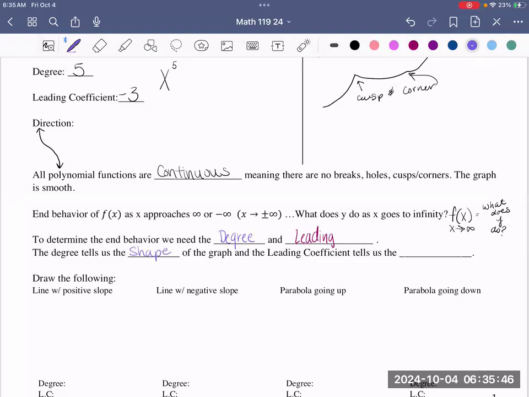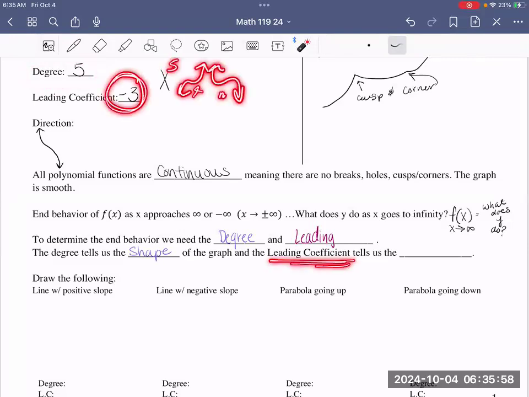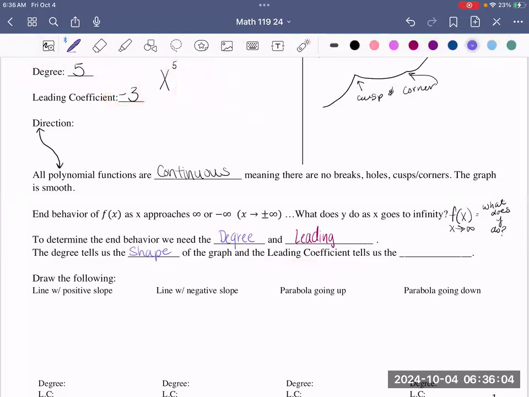So that's why from your above exercise, we were talking about your degree here. We said a degree of 5 is this S-shaped curve, going up or down. And then the leading coefficient, we said, oh, it's -3, therefore it's an x-axis reflection. We're going to be going down. So this tells us the direction.